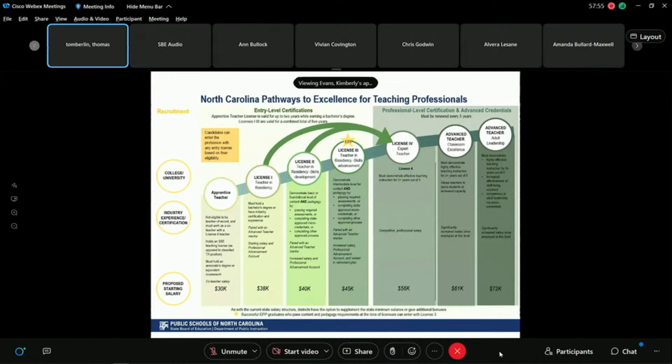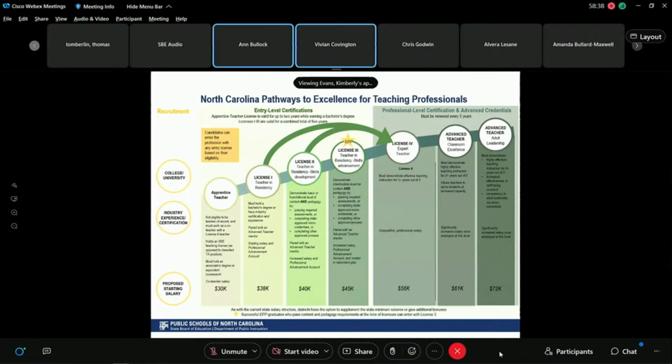I'm happy to talk about the merits of this model and how it can work, but I don't understand taking everything out of context and presenting it in a way that automatically makes it sound like there is some purpose to destroy or diminish the EPPs. I don't see that at all. The pathway is very clear. In this pathway, anybody currently going through the EPP system can come out under the current way we do things today, making $45,000 a year to start.